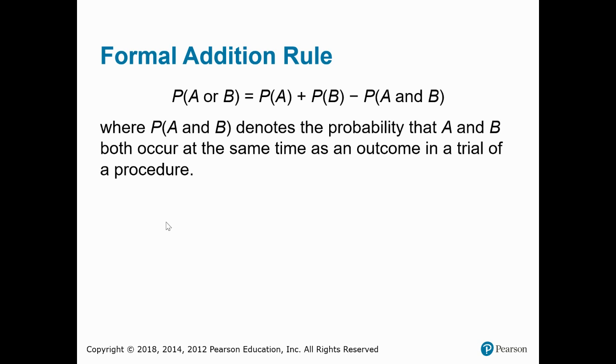And that's the overlap. So we got to take out that one that was the 3 of hearts. That's our overlap. That is, it's a 3 and it's a heart. So that's why we got to take that out. So we would then do 4 over 52 plus 13 over 52 minus 1 over 52. That'd be 16 over 52. And that reduces to 4 over 13.